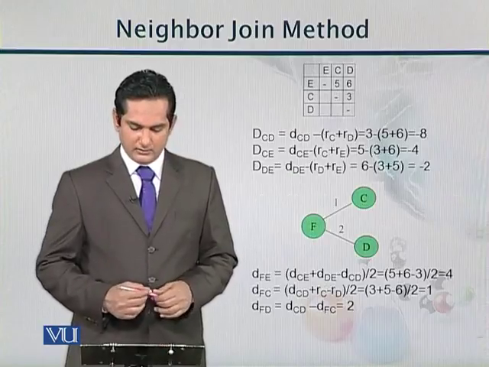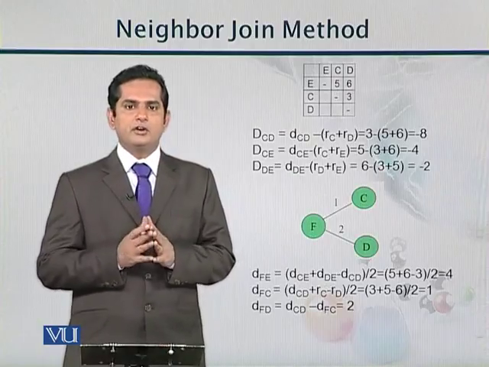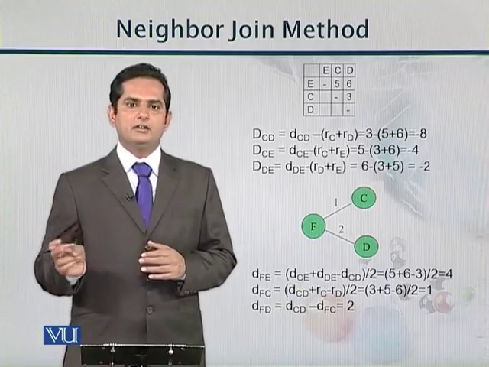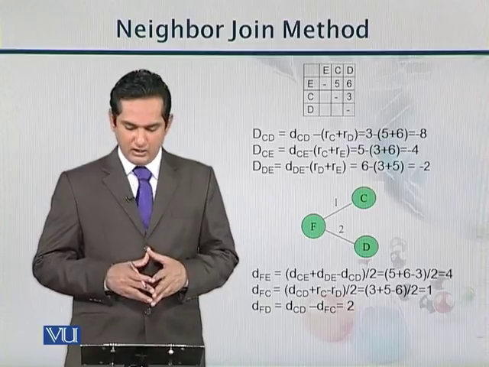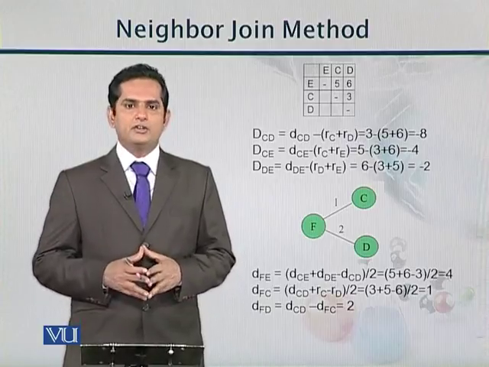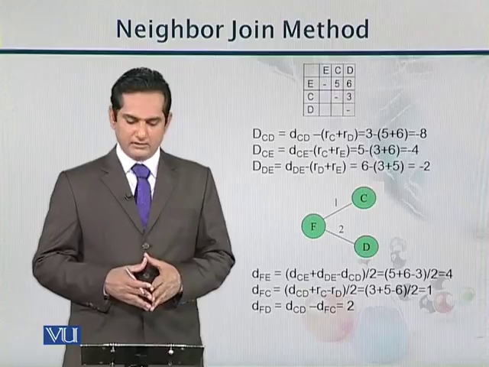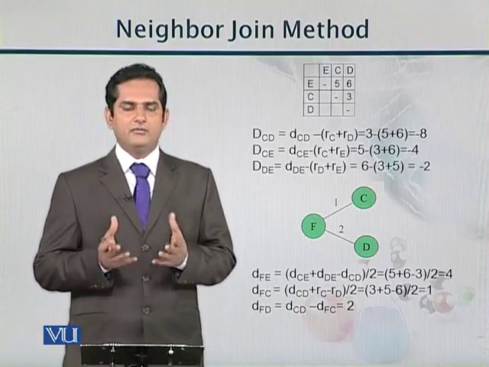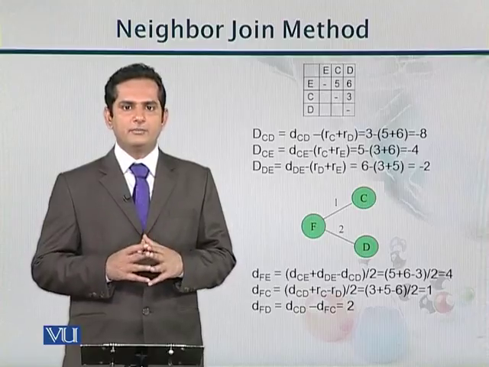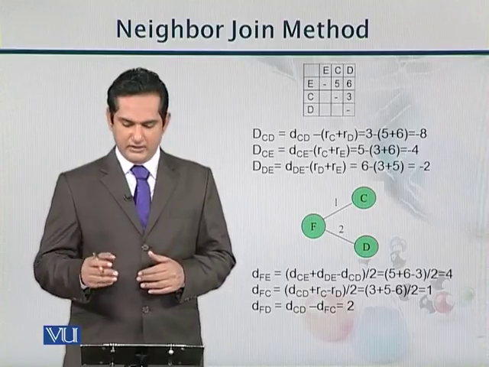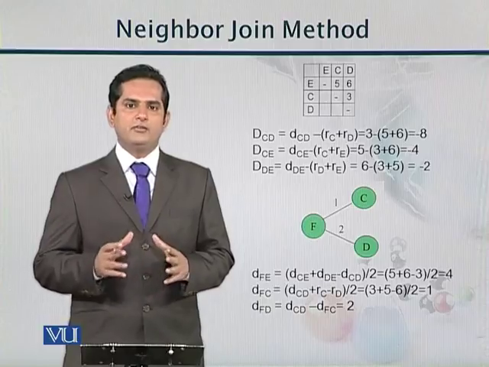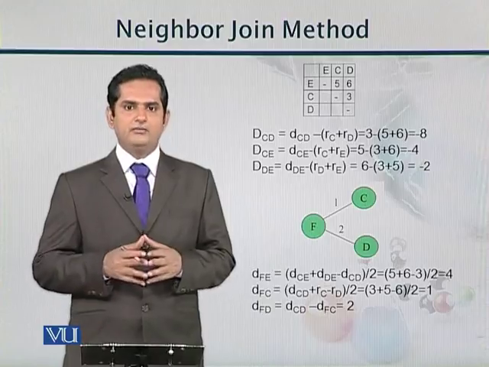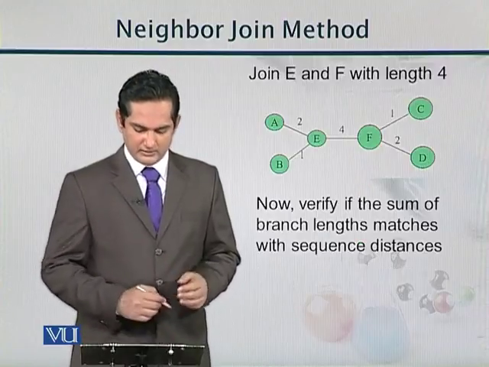Similarly, if I continue this for ECD, instead of A and B, I am placing AB as E, and then I will compare its distance against the other two columns which are C and D. This complete calculation will give us a diagram like this, where the matrix will have another addition which is F. F will be in the middle, and C and D will be in the upper and lower direction with their weights. Finally, I will combine this tree with the previous tree, and it will look like this.